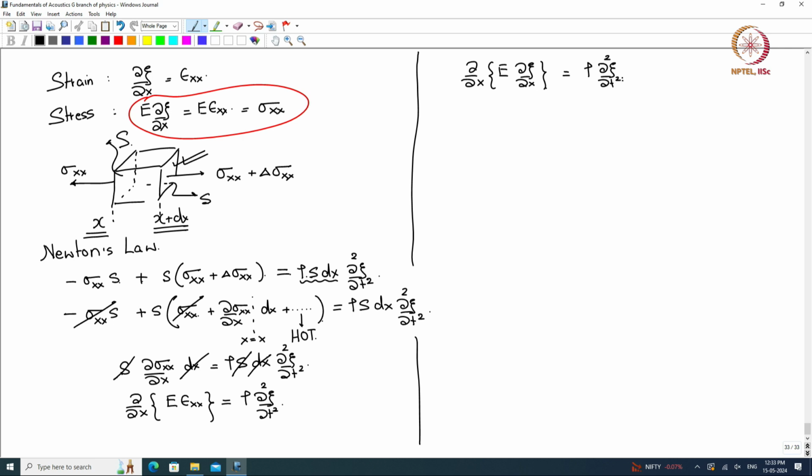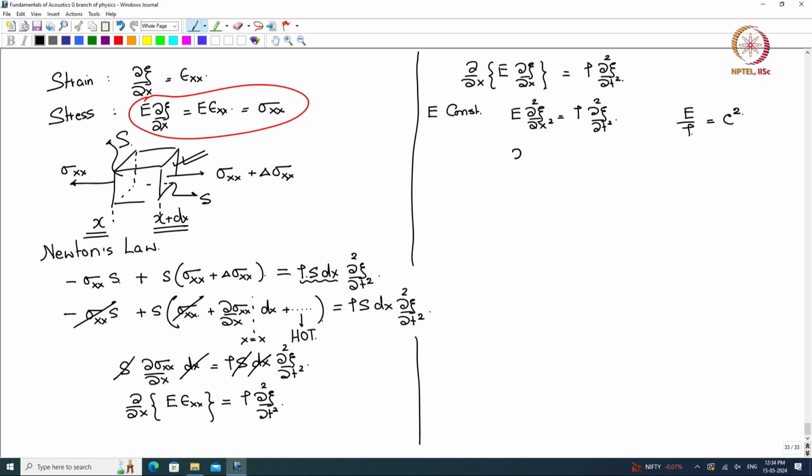Okay, for this simplest case, assume E is a constant, and ∂ξ/∂x takes on the derivative, so I get E times ∂²ξ/∂x² is equal to rho ∂²ξ/∂t², and it turns out that E by rho has units of c², square of the speed.